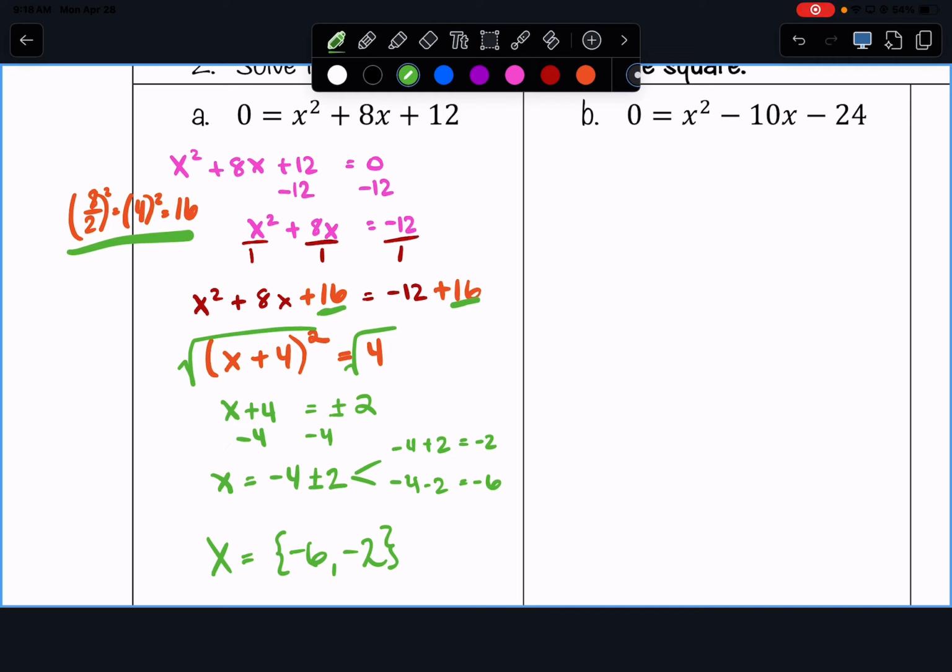All right, so go ahead and do 2B by completing the square. What's 24 plus 25? 49.